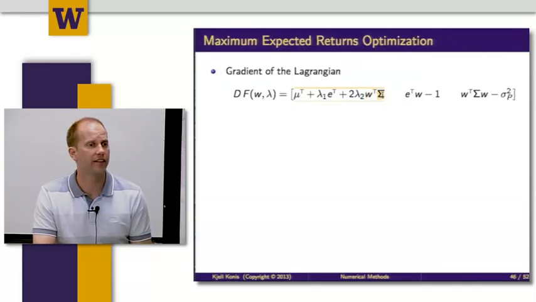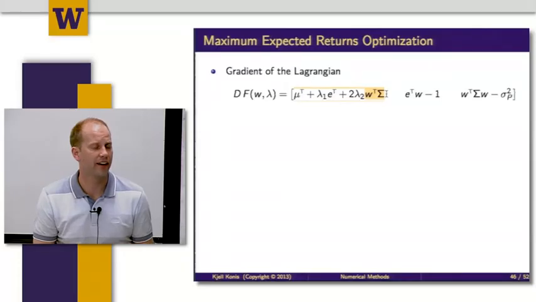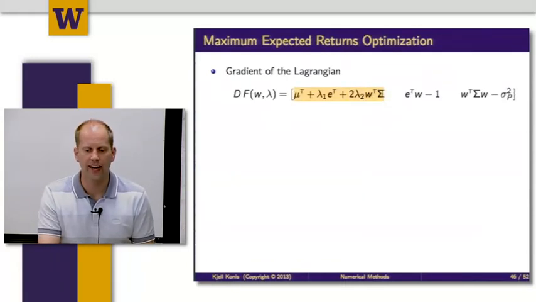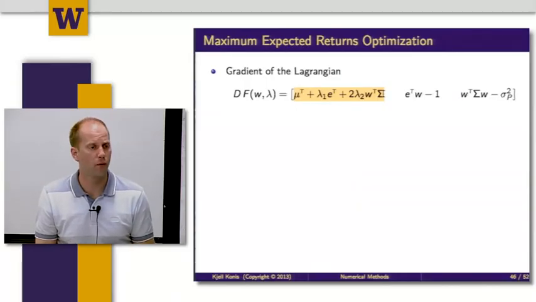And sigma is an n by n covariance matrix. A 1 by n vector times an n by n matrix gives me a 1 by n output, which is again a row vector of n elements. So I can sum up these three terms, and that's going to give me one row vector with n elements.